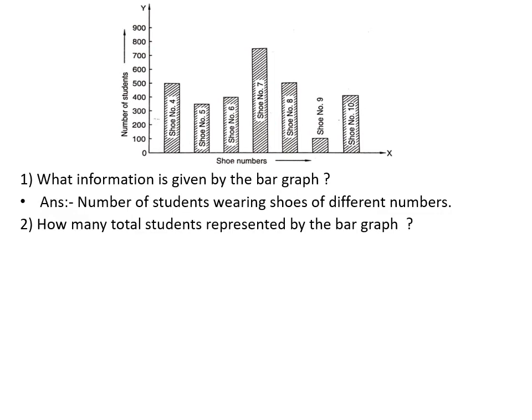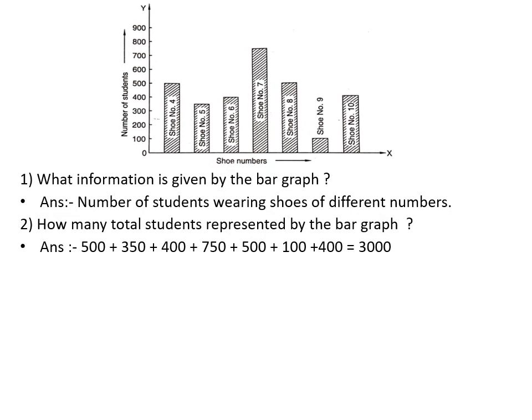Shoe number 7 is used by 800 students, or it is 750 students. Shoe number 8 is used by 500 students. Shoe number 9 by 100 students, and shoe number 10 by 400 students.